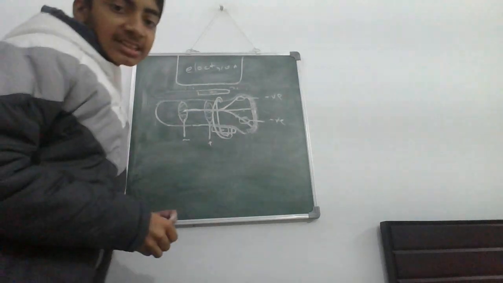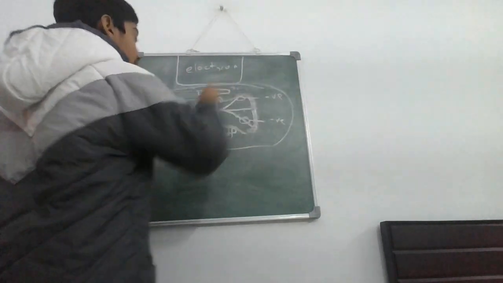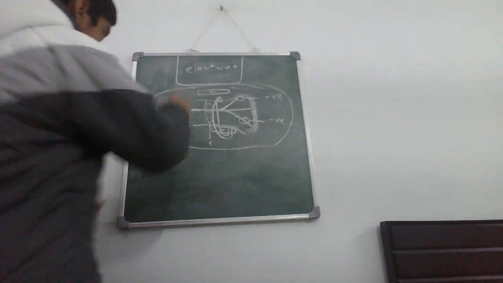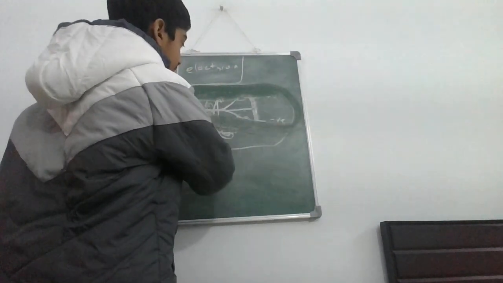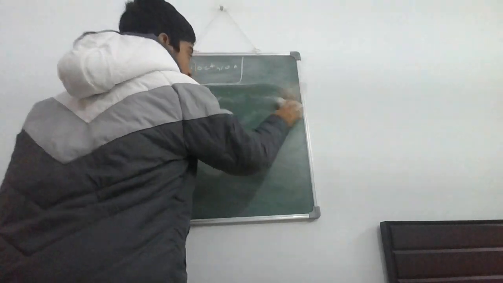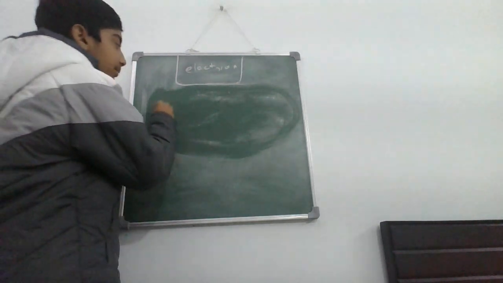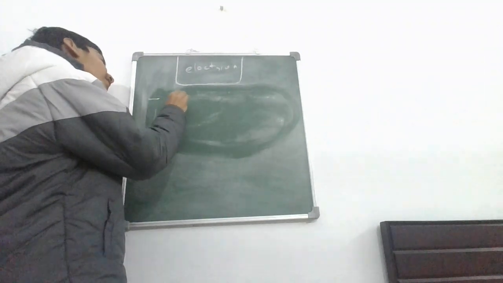So with this cathode ray experiment, he came up with three things about this beam. First is, the beam was obviously made of negatively charged particles.